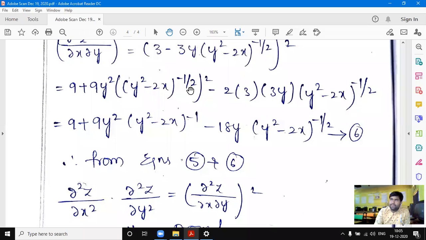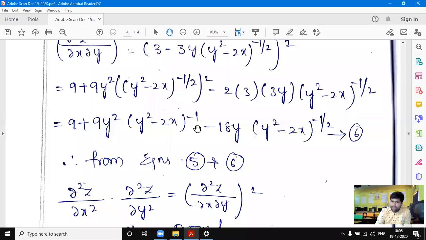So here the power is −1/2 squared. It is like (a^m)^n. Then what happens, that is a to the power of n/m. So that is −2/2, and the 2 gets cancelled, as everyone already knows. The power is in the numerator and this is the denominator, so we can directly cancel.